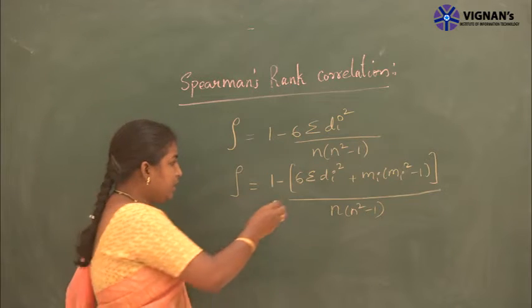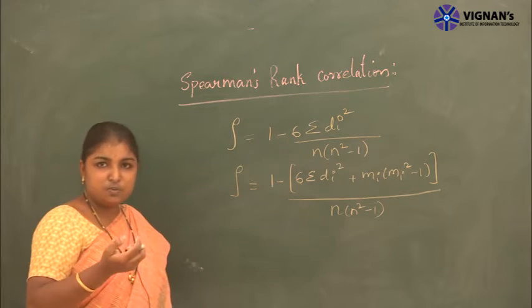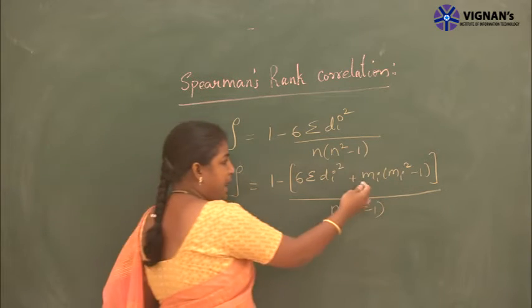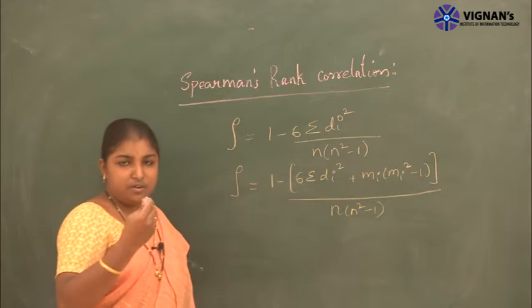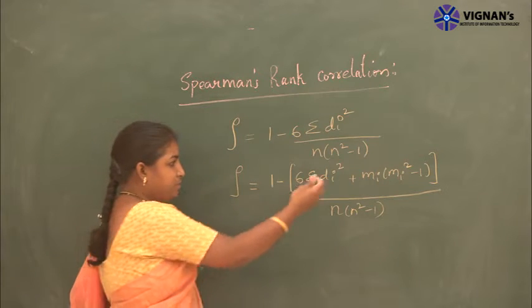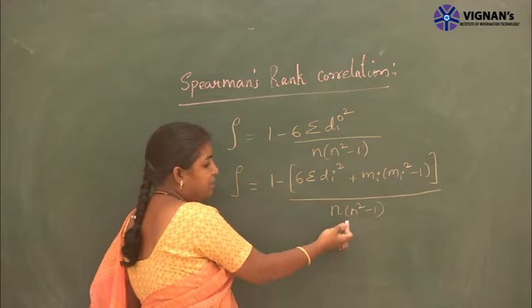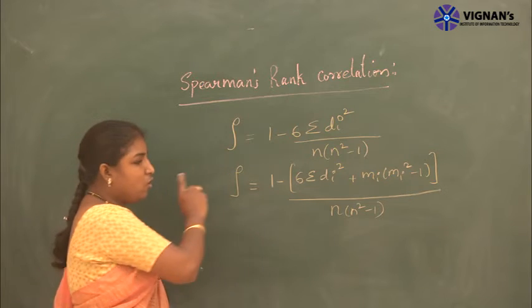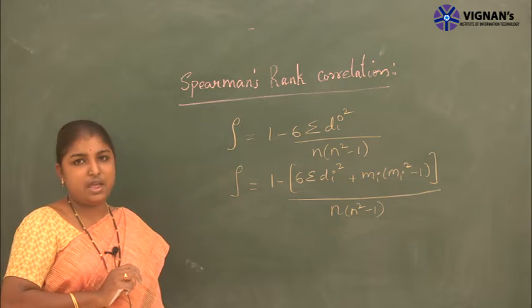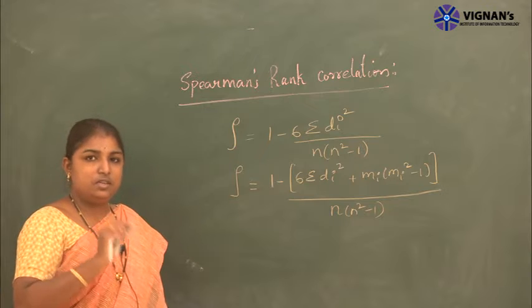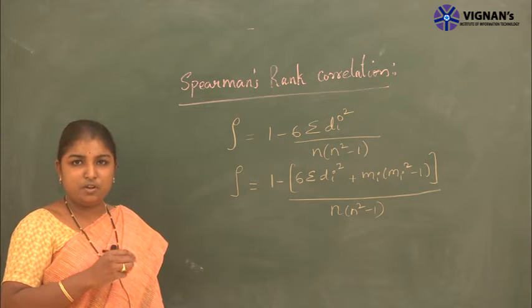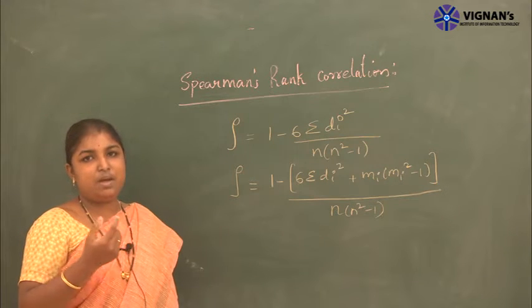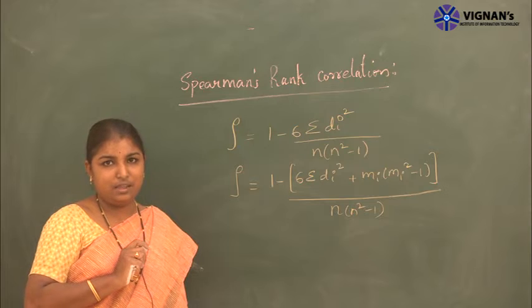Here di means the difference between two ranks, mi represents the repeated ith observation, and n is the number of observations. Using these two formulas we find the Spearman's rank correlation quotient, which always lies between -1 and +1 only.